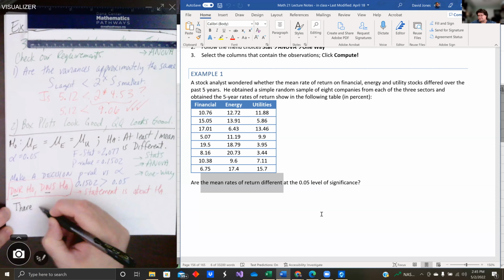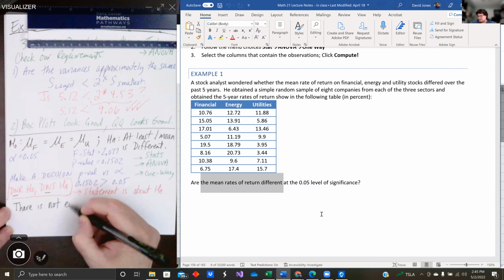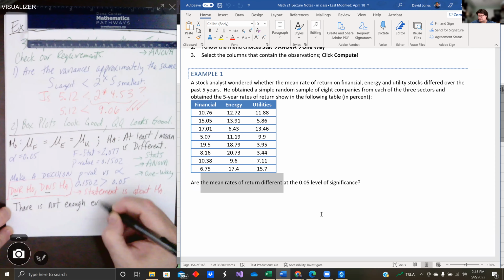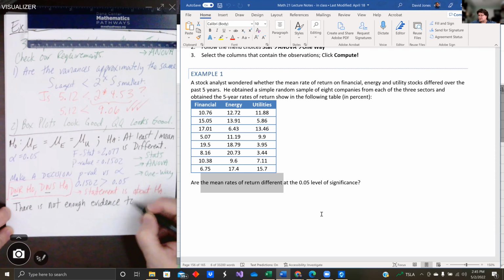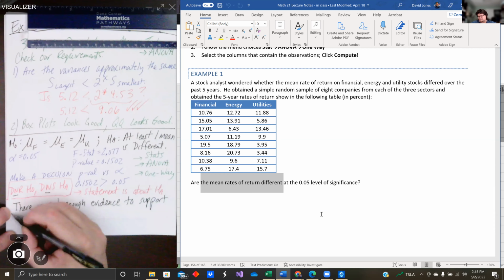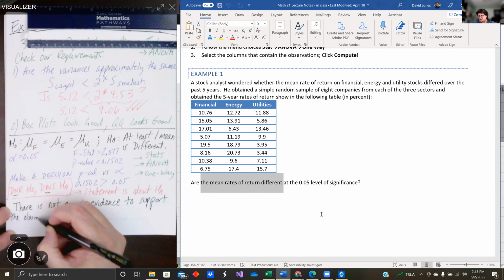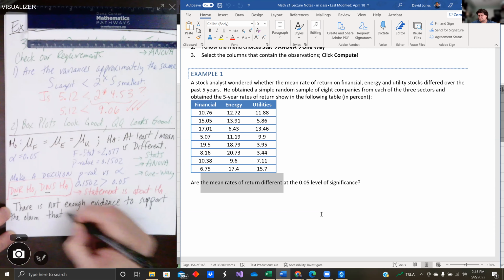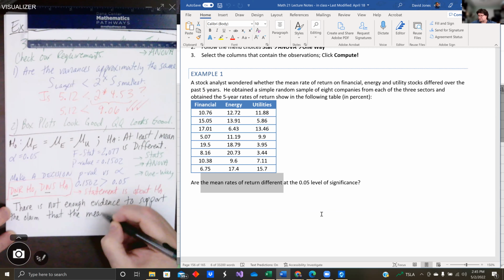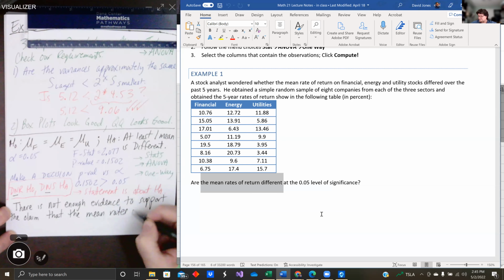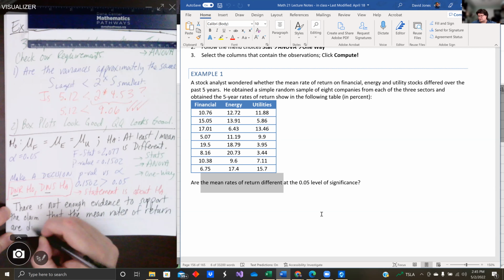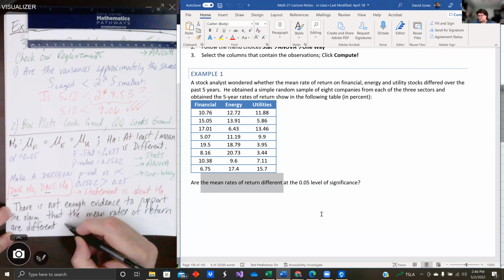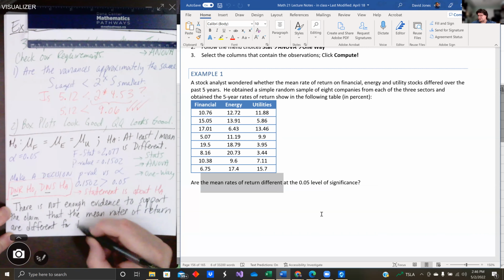There is not enough evidence to support the claim that the mean rates of return are different for the stock categories they select.